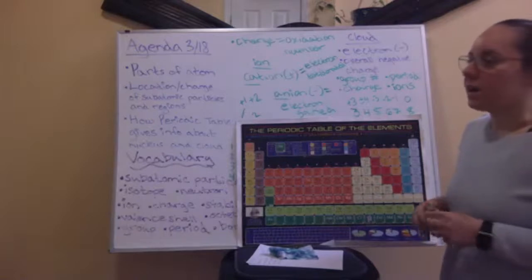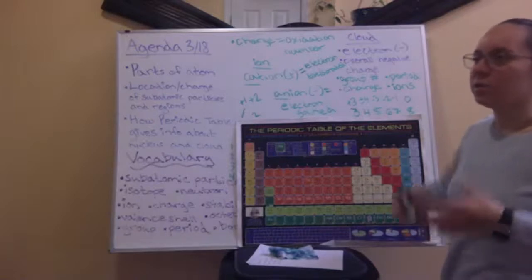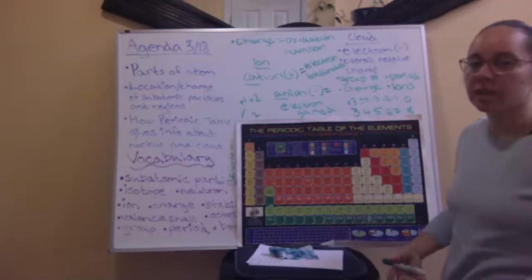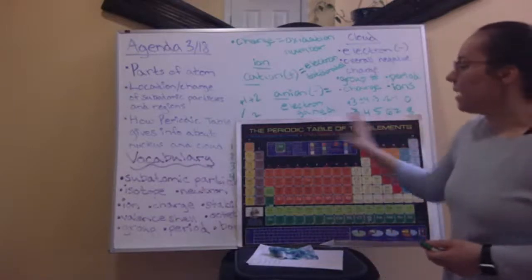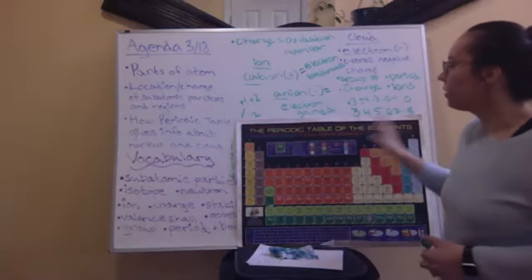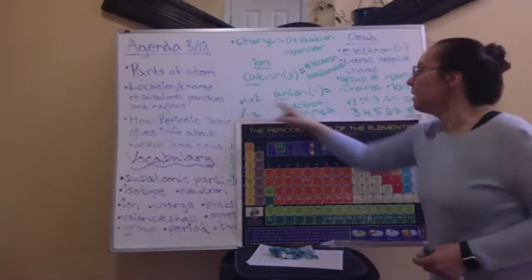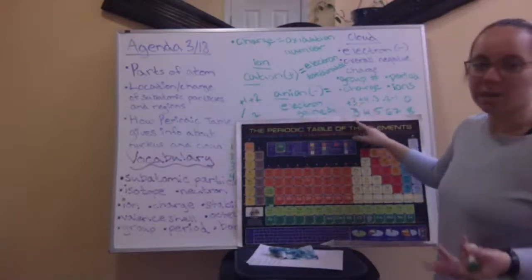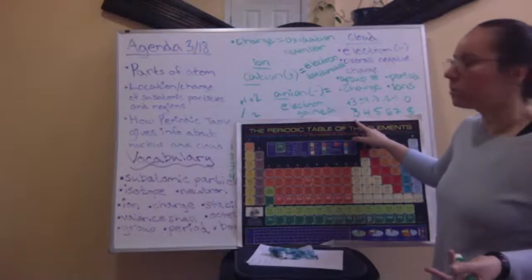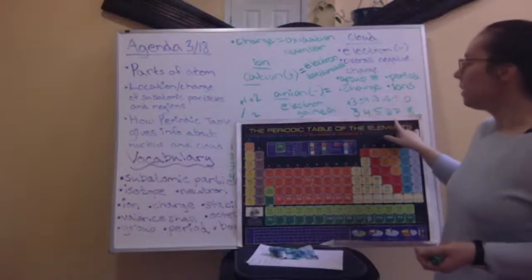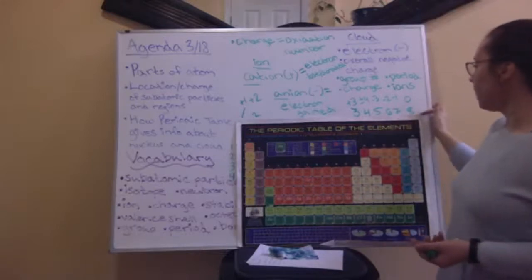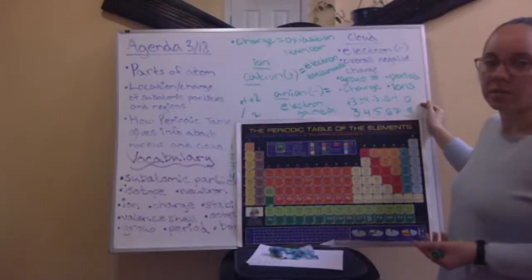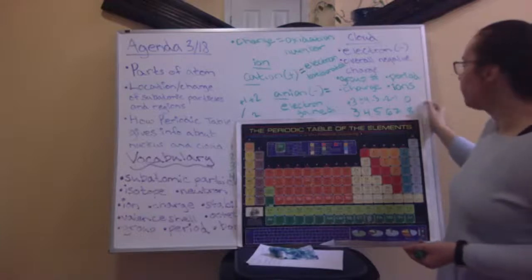So basically, the element will do what it has to do until it drops to a neutral state, and then it can stay there. All right? So that is the entire goal of all these elements, is to either give, and by giving, they become positive ions or cations, or to take, where they become negative ions or anions, in order to become like a noble gas, which is neutral. Okay?